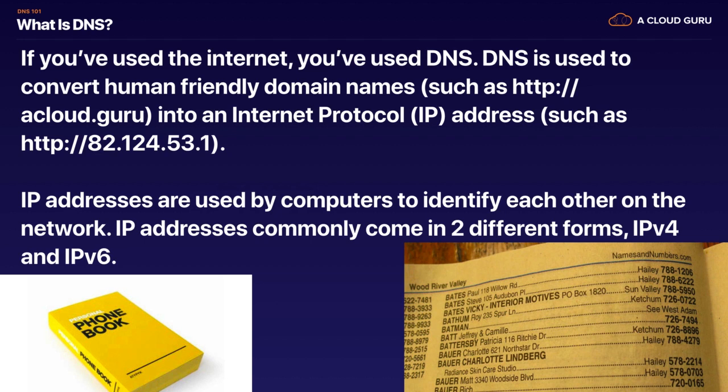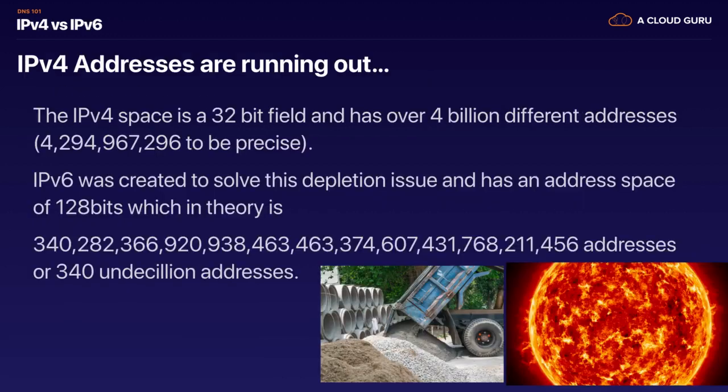IP addresses are used by computers to identify each other on a network, and they come in 2 different forms, IPv4 and IPv6. This one, 82.124.53.1, is an IPv4. So that's all DNS is. It's a way of looking up a domain name and getting an IP address, just like when you used to look into the yellow pages, you'd look up someone's name and you'd get their telephone number.